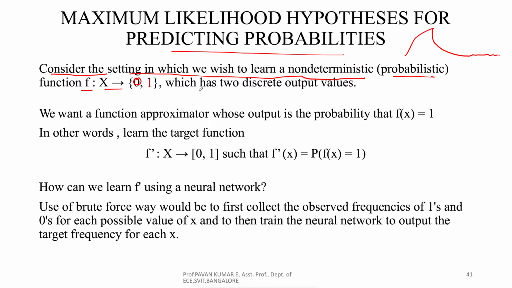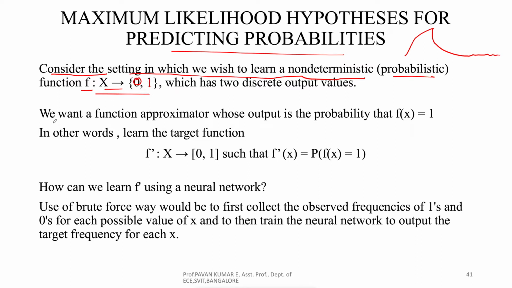Which gives you two distinct output or discrete output values. Either it may lead to 0 or it may lead to 1. That means Corona may increase within 25th, or it may not. So based on that they have given here which may lead to 0 or 1.